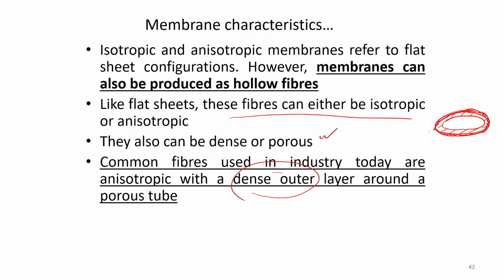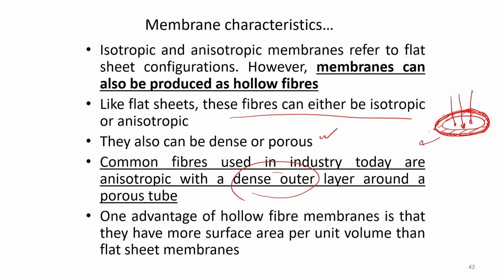This type of anisotropic membrane can be created, where water can penetrate through the core and then clean water can come outside. So, this type of system can be generated.